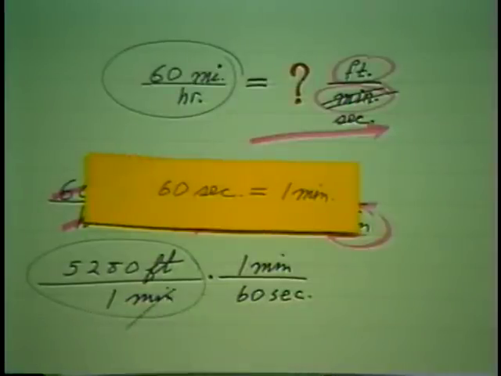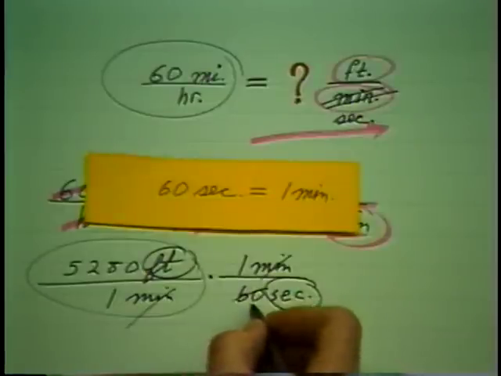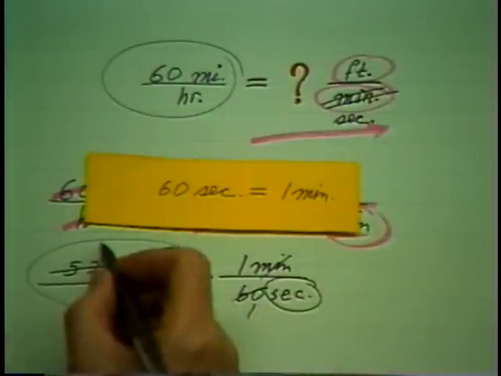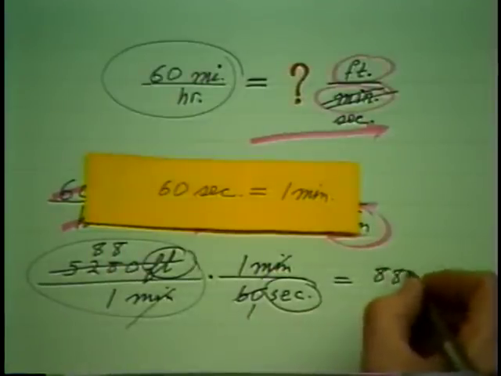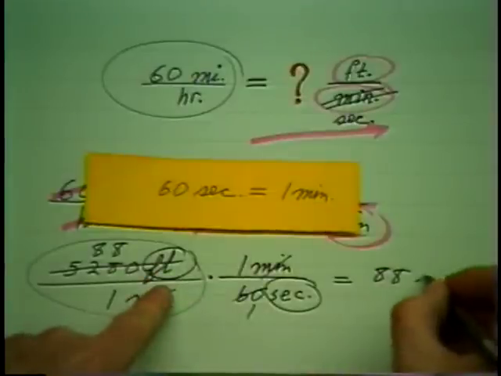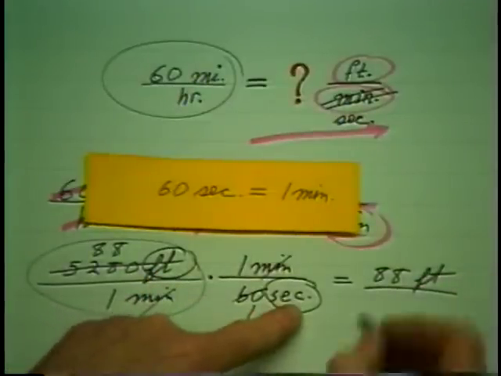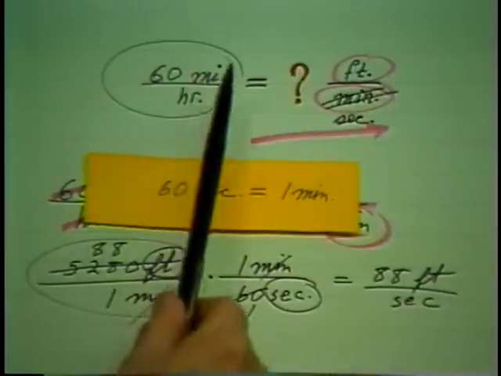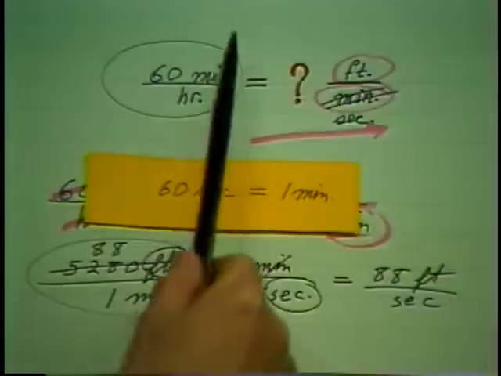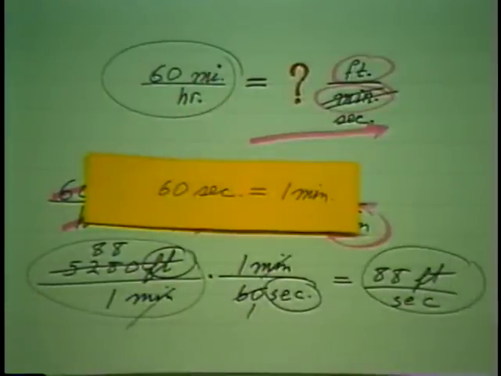Now, minute cancels with minute, and I'm left with feet per second. 60 goes into here, 1 goes into here, 8, so I have 88 times feet on top and 1 times second on the bottom. So we have that 60 miles an hour is the same rate as 88 feet per second.